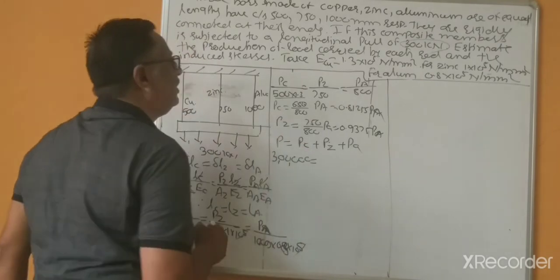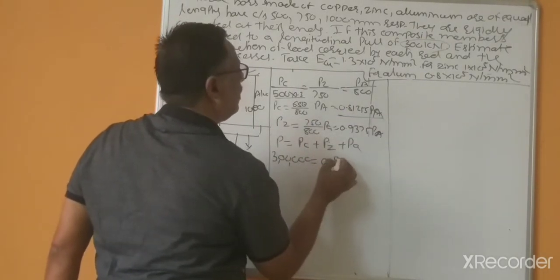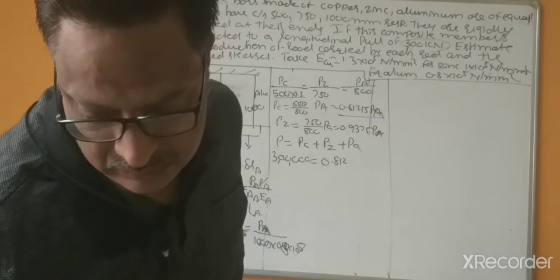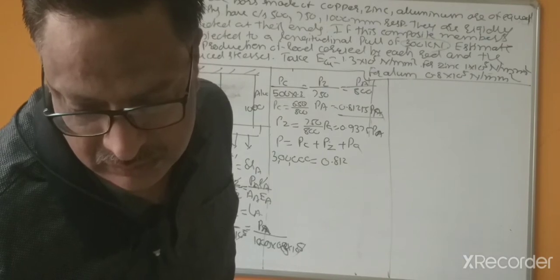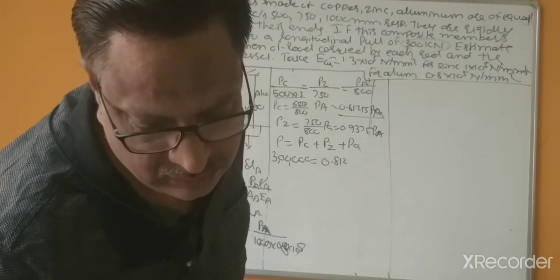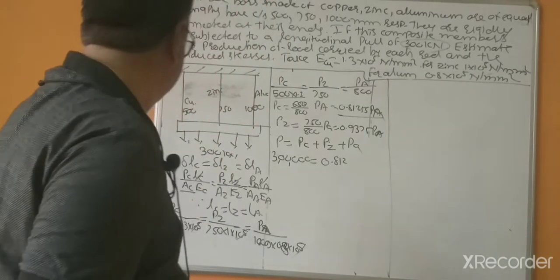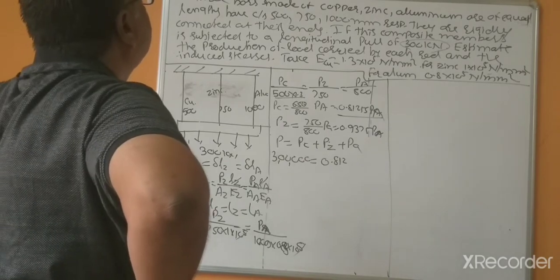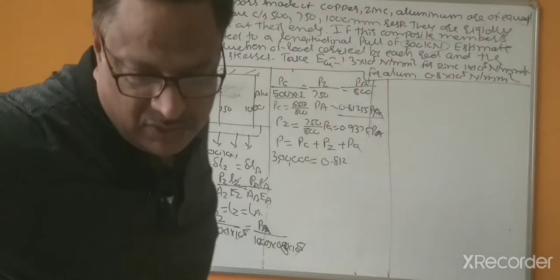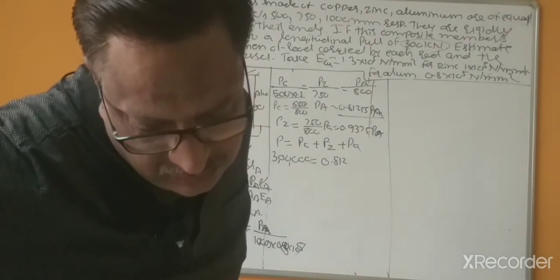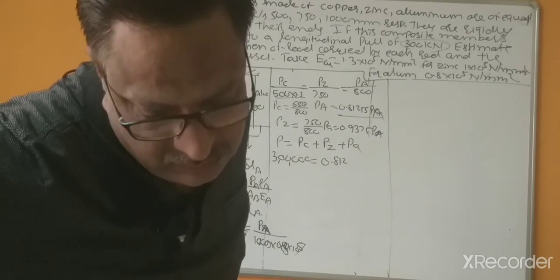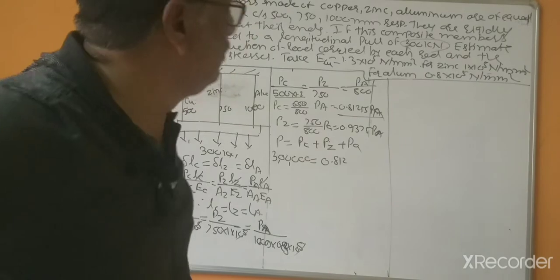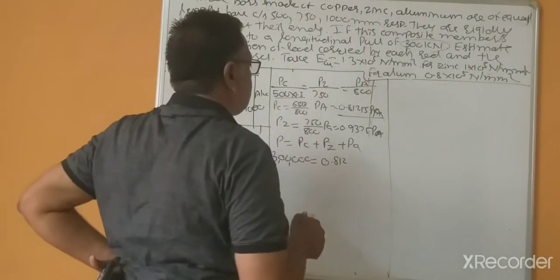That's why PC plus PZ plus PA: 0.8125 PA plus 0.9375 PA plus PA. Did I make any mistake? Yes, different methods.